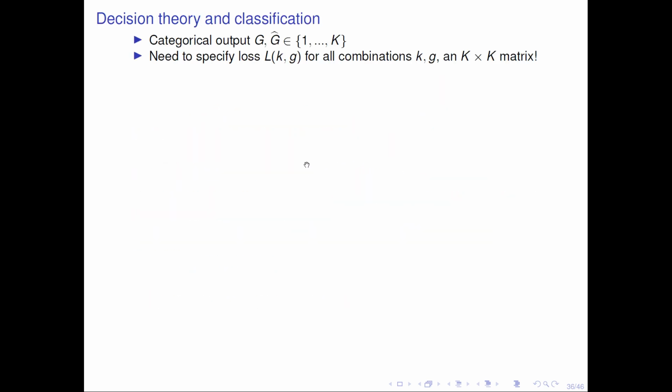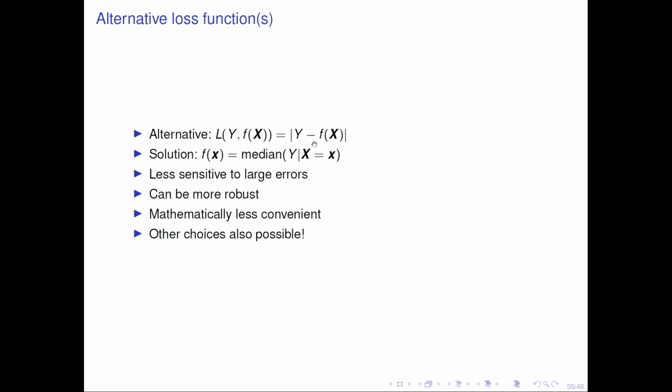Now, we could, as I mentioned, have alternative choices. So we could look at this absolute error instead, so the absolute value of y minus f of x. Then we can go through similar type of derivations as we have done and show that in that case it's not the expectation anymore, but it's the median of this distribution of y given x that is the optimal value.